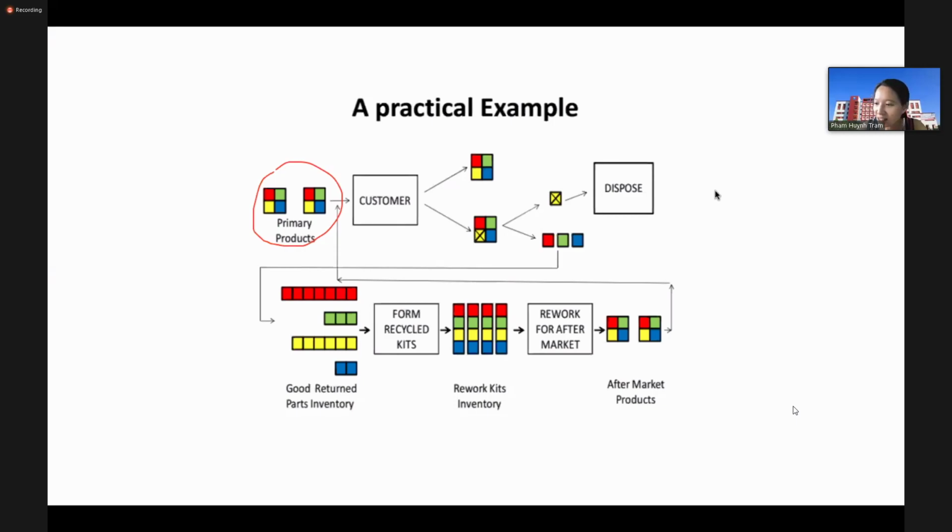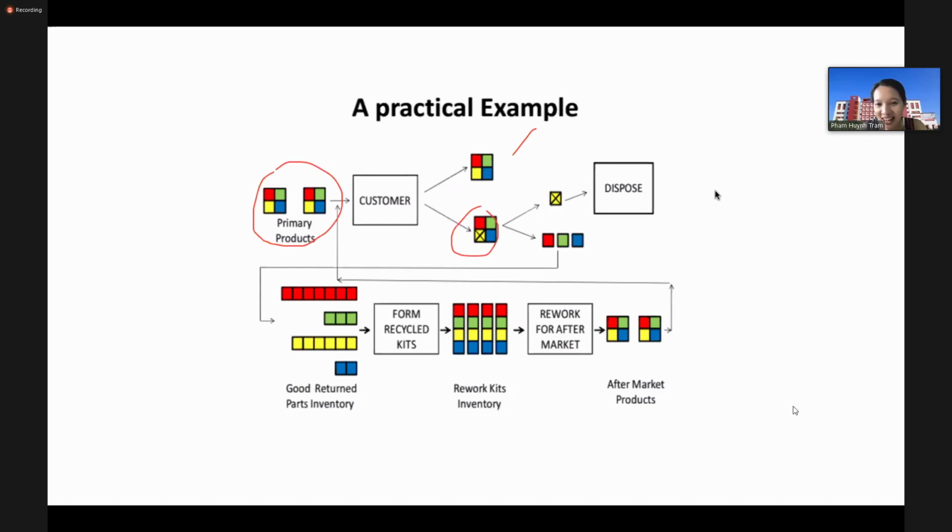After some time, some of the products are still good, still okay, and some get a defective part. It is a defective product, so it cannot be used anymore, and it is returned to, let's say, its original company.